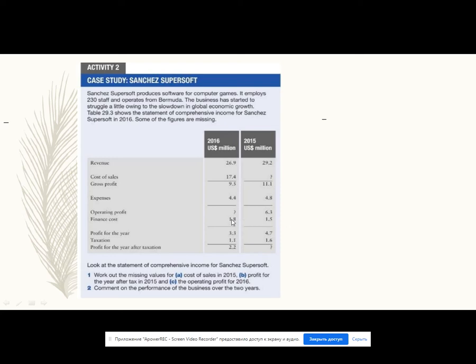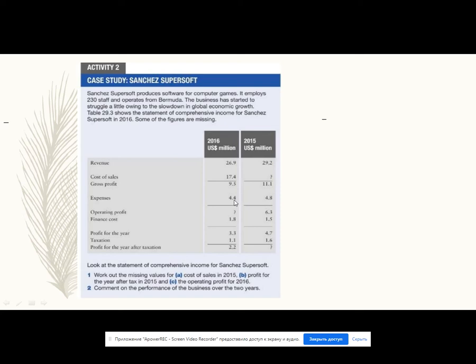Finance cost went up, but just a little bit, right? By about 20%. So there should be some other reasons for such a plummeting in the profit for the year after taxation. Let's go up. Expenses, they even went down.